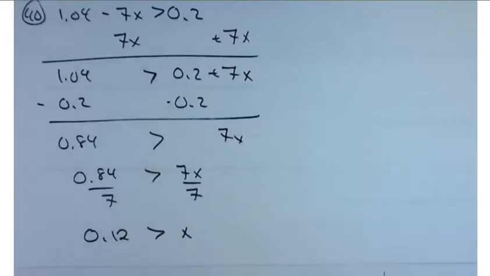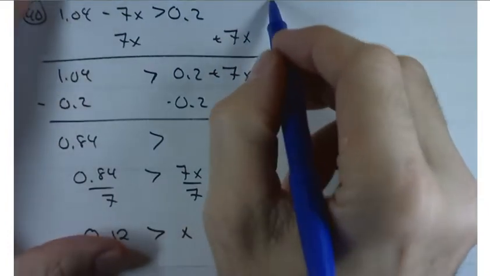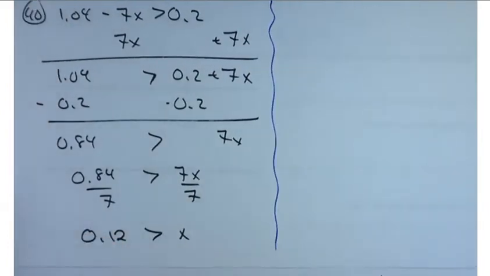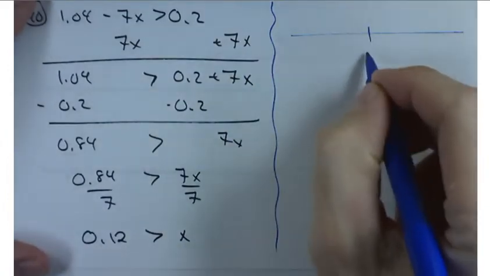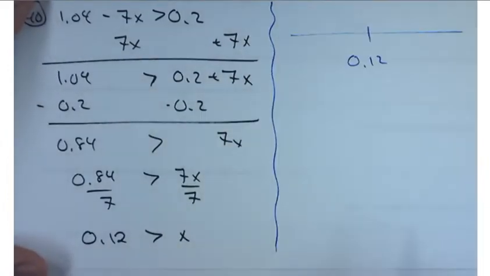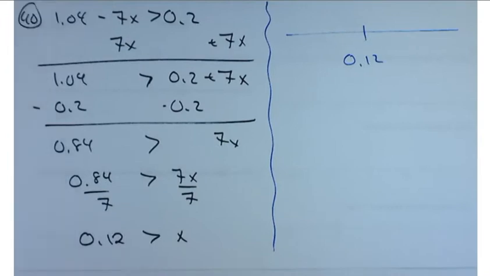All right. Let's see here. As far as the graph is concerned, just put one number on the number line, 0.12. Solid dot or hollow? Hollow. All right, good.